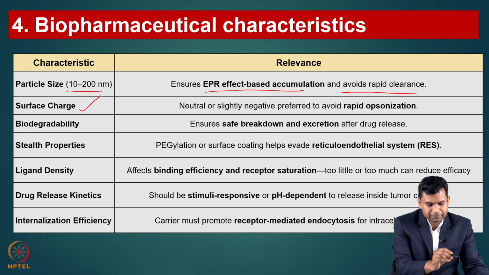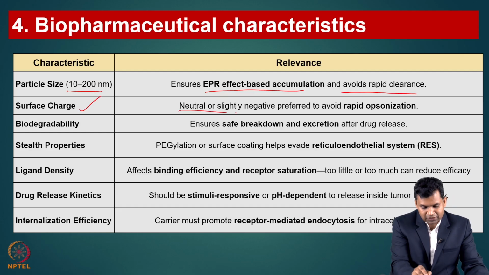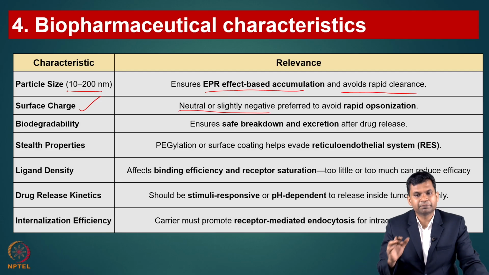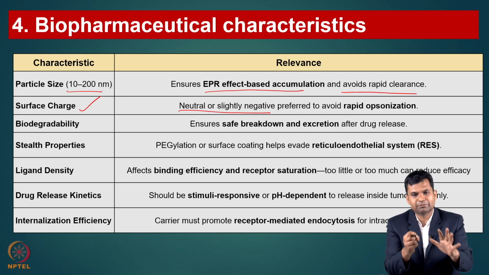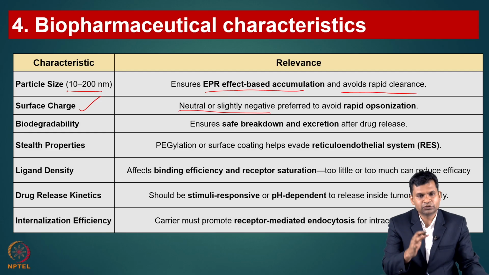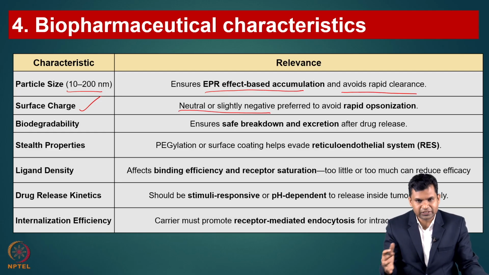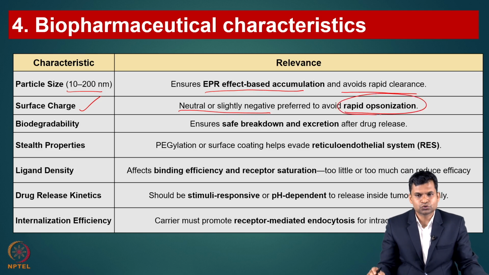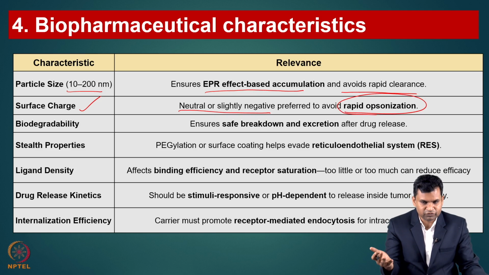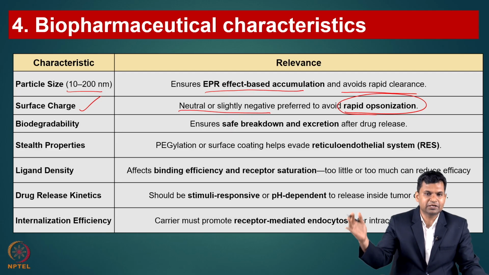Surface charge is also very important. It should be neutral, slightly negative, or even positive, which is also preferable for interacting with the cell membranes. A neutral or slightly negative hydrophilic coating helps against rapid opsonization. If opsonization follows, your nanocarriers will clear from the blood.